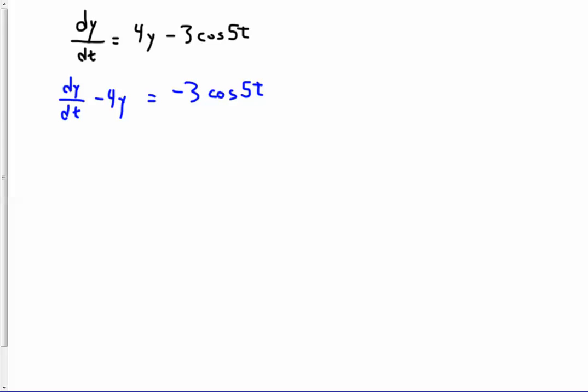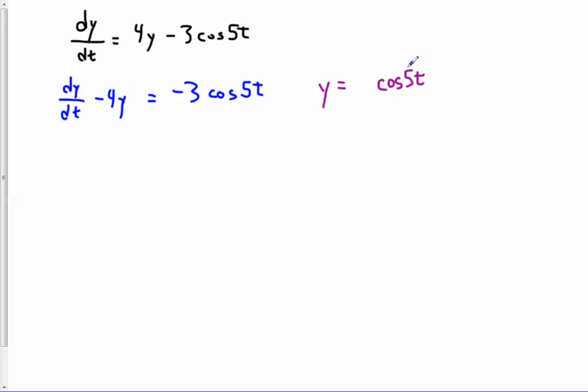Now, what makes sense for a guess? Well, whatever y is, it and its derivative have to combine in this way and give me a cosine of 5t. It seems like I'm probably going to need a cosine of 5t in my solution. But in this case, I have to think a little bit more carefully.